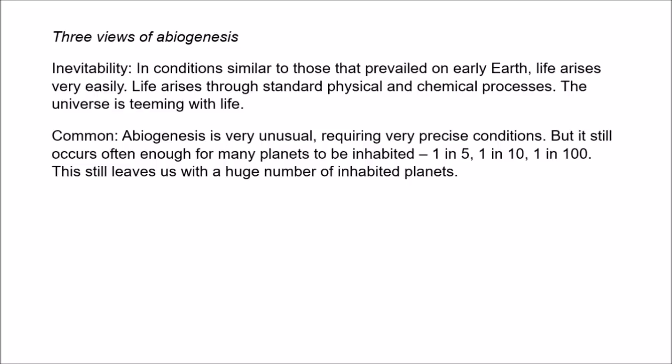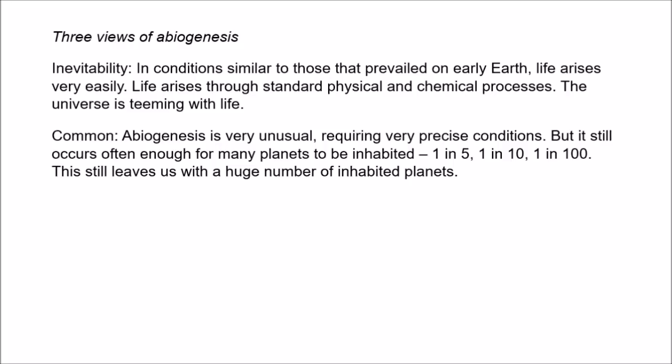That would still leave us with a very large number of inhabited planets, so it's still very favourable to the Drake equation. So life isn't exactly everywhere. It's not like cyclones, but it's still common. Now, as far as SETI is concerned, there's not too much difference between this hypothesis and the inevitability hypothesis. So in this video, I'm just going to treat these as equivalent.